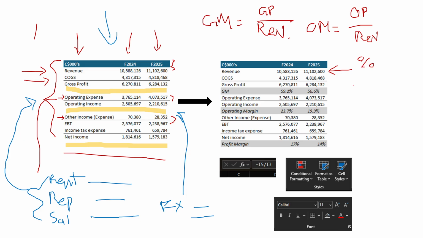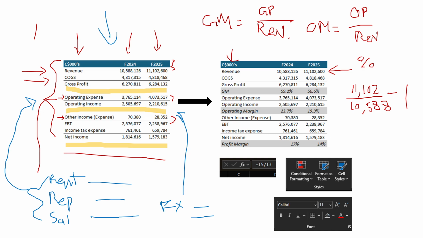To do that, you just take the 11, so notice that this is in thousands, so this is 11 billion. 11 billion divided by 10 billion, 588. This is just change year over year. This is just basic math. There's no formula for this, but you should know this from high school or university at least.